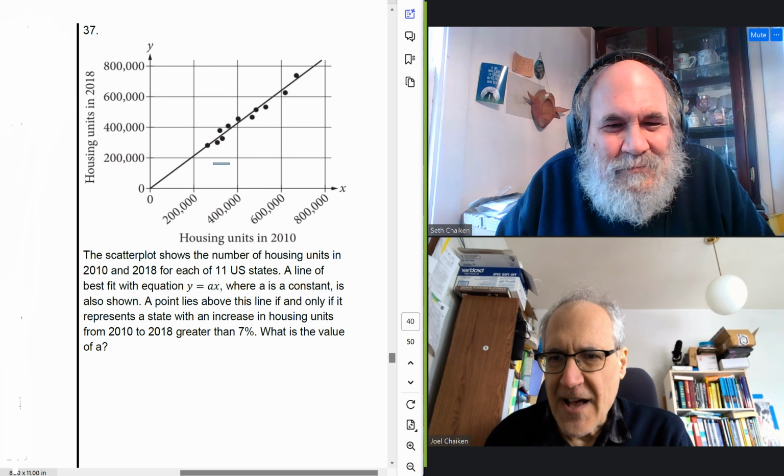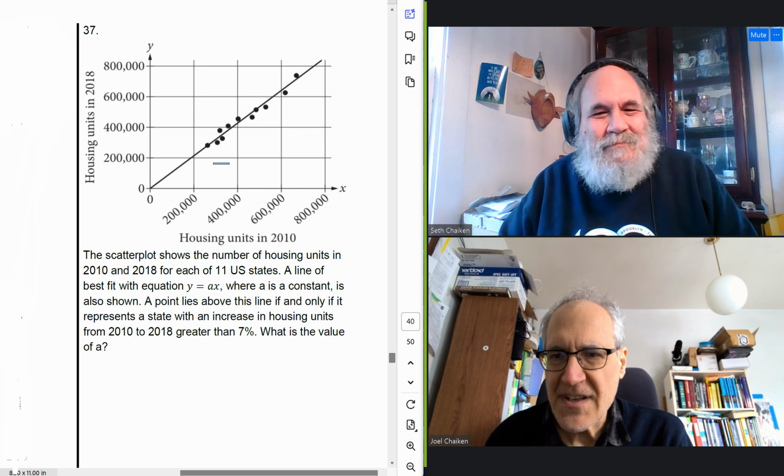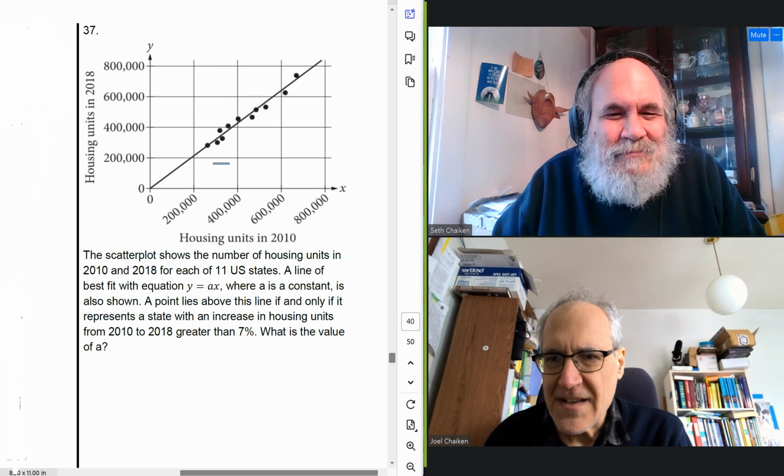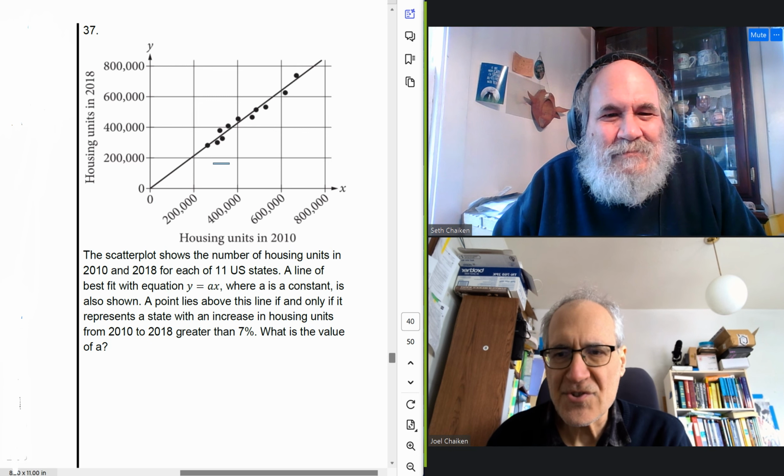The scatter plot shows the number of housing units in 2010 and 2018 for each of 11 U.S. states. A line of best fit with the equation y equals ax, where a is a constant, is also shown.